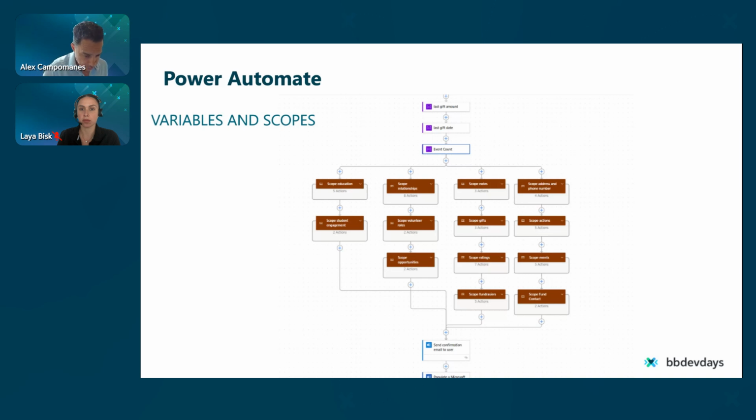I was only able to get a partial snapshot, but there is a long list of variables before these first three. See how it says last gift amount, last gift date, and event count? Those are all variables that are declared ahead of time, before the scopes assign values to those variables as the queries are being executed. So yeah, let's go to the next slide.